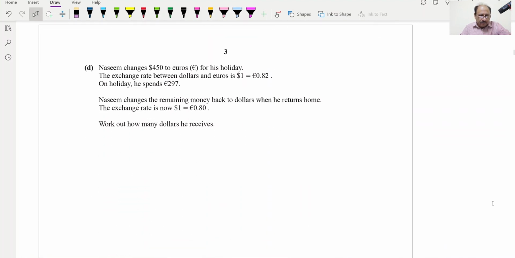Hopefully you got this. Now part D says Naseem changes $450 to euros for his holiday. The exchange rate is provided. On the holiday he spends 297 euros. Naseem changes the remaining money back to dollars when he returns home. The exchange rate is now 1 to 0.80 euro.